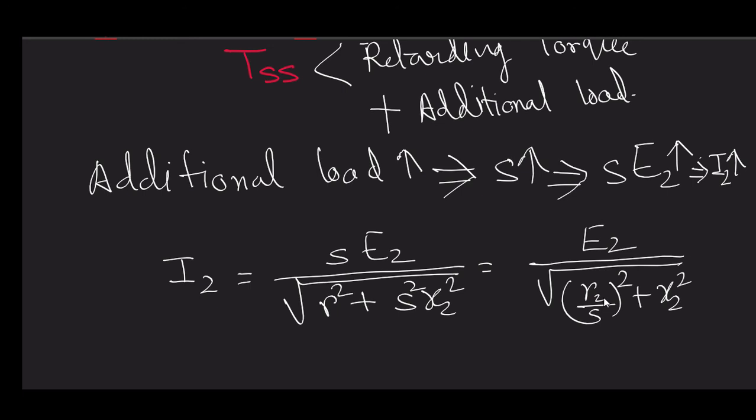More I2 means more demagnetizing effect produced by our secondary current, and therefore the primary will draw more current to counterbalance it, and thereby the primary will absorb more power from the source.